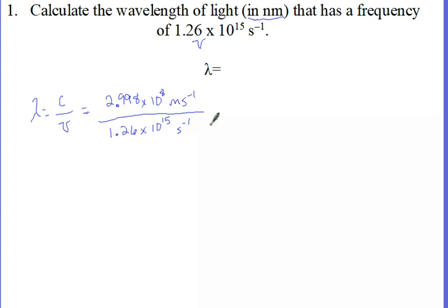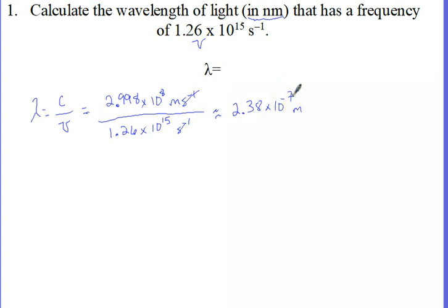And then again, you're going to be limited to 3 significant digits when you do that math. So when you do this division, your per second part cancels out. You're going to round that to 2.38 times 10 to the minus 7 meters.